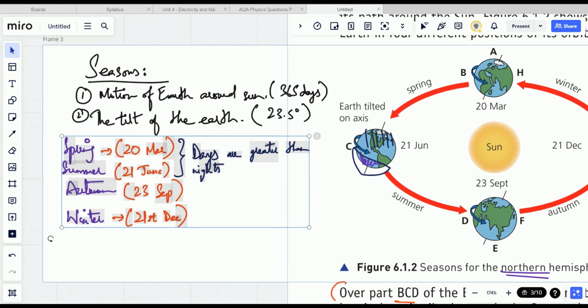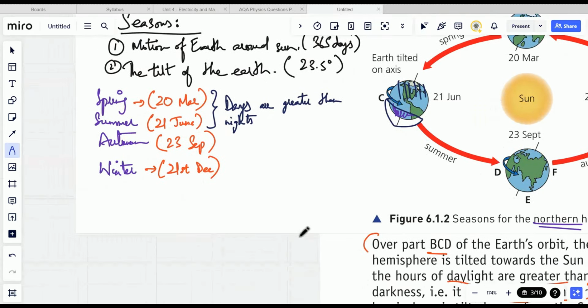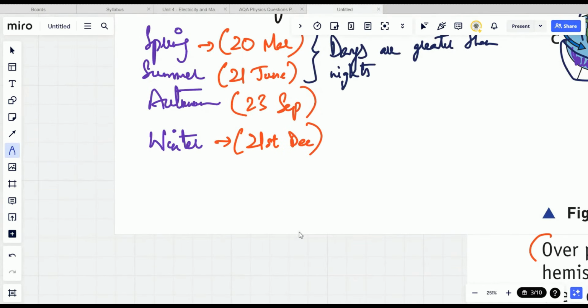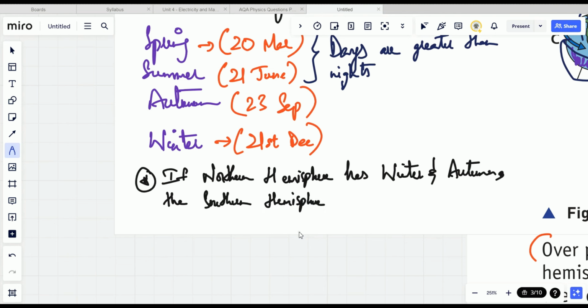Okay, so I'll still write it down in points. See, if the northern hemisphere has winter and autumn, then the southern hemisphere will have what?